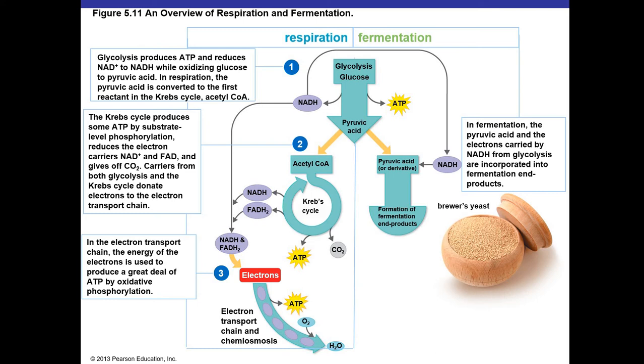If oxygen is present, then you're going to usually do respiration, and that is going to give you the most bang for your buck. If oxygen is not present, then cells will start to use fermentation. When they start to use fermentation, that's when you start to have buildup of the fermentation byproducts, acids such as lactic acid, and that's when your muscles start to feel tired as you've used up a lot of your energy.